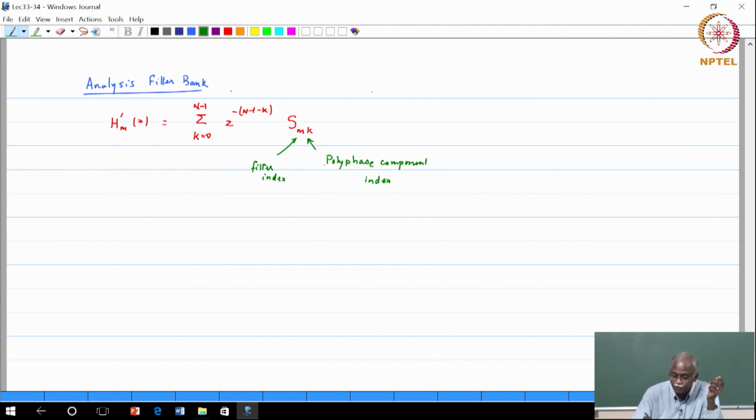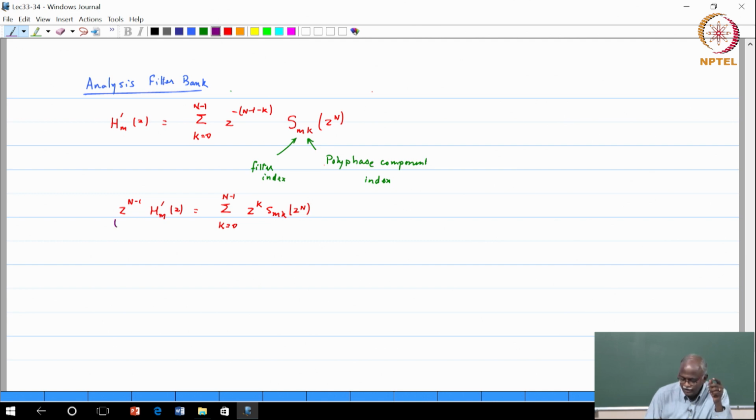Now, this should be a function of z to the n. Okay. Now, again factor out z power n minus 1, z power n minus 1 times h m prime of z can be written as summation k equal to 0 to n minus 1 z power k S m k of z power n.